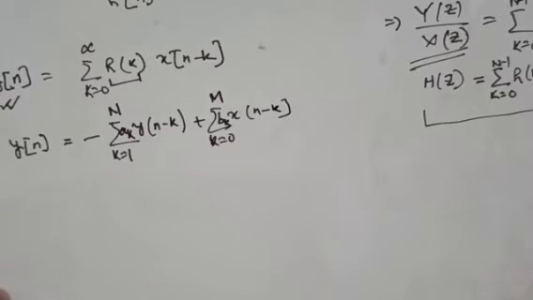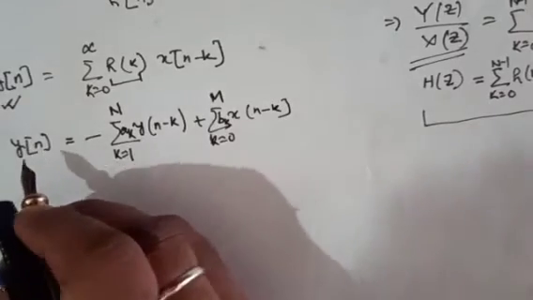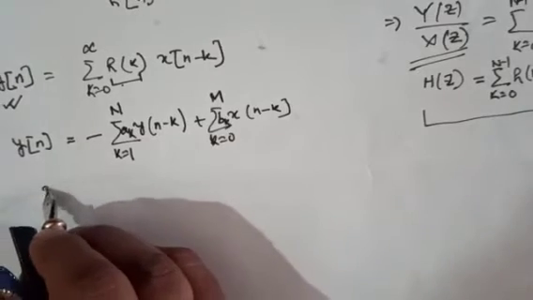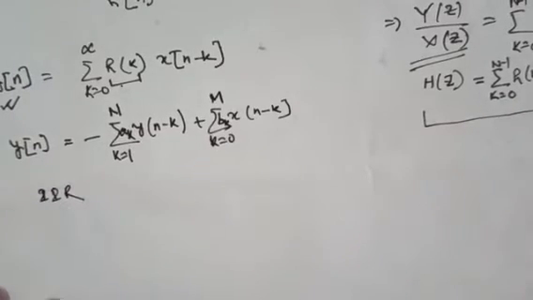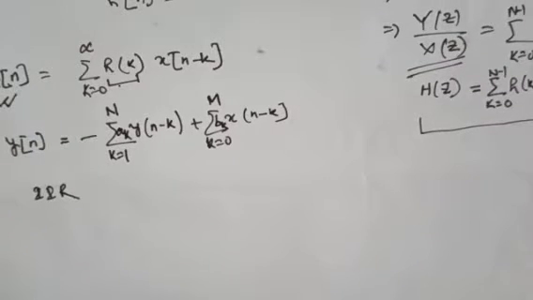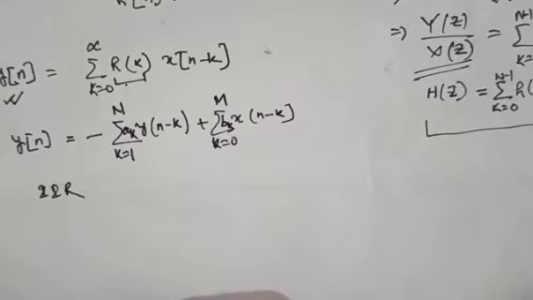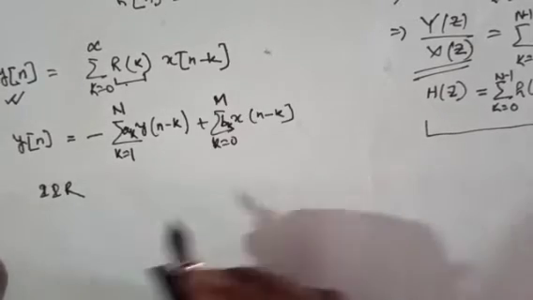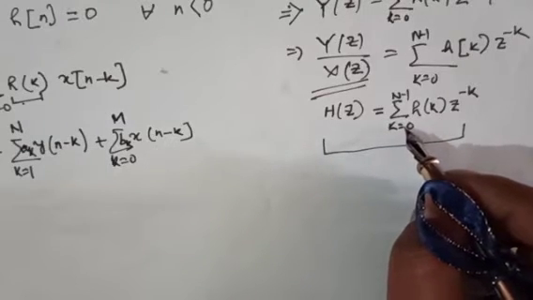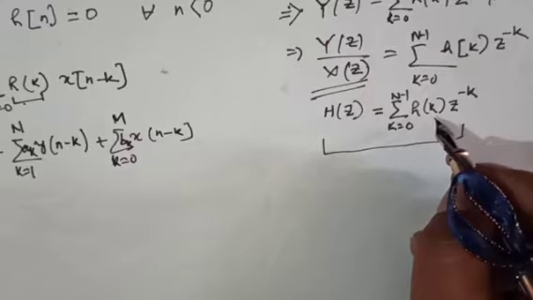Okay, physically, practically realizable. Now the system in which the impulse response is infinite is called an IIR system, infinite impulse response system. So based on the impulse response, the systems can be divided in two categories: FIR and IIR, finite impulse response and infinite impulse response. Likewise, in the FIR case, h of z, as you have seen, is a finite degree polynomial.